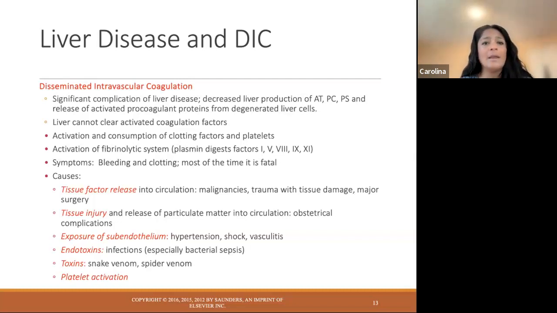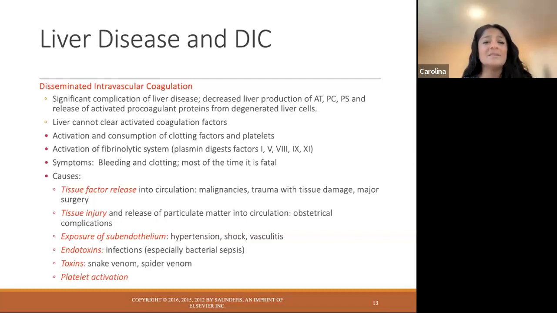So there is obviously a decrease in the production of antithrombin, right? Remember what antithrombin is: it's a regulator. There's a significant decrease in protein C because of liver disease, and protein S because of liver disease, right? Also, all of this can activate some procoagulants and release activated procoagulant proteins from degenerated liver cells.